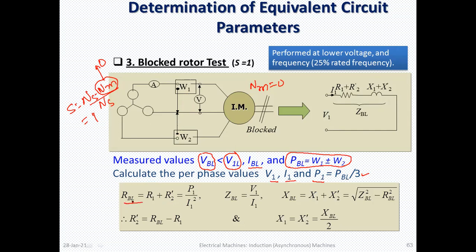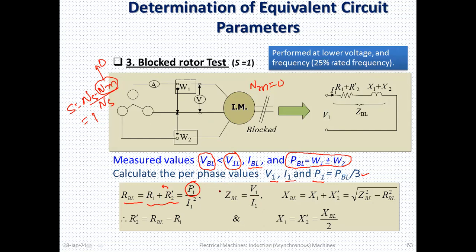RBL, the blocked rotor resistance, is the measured power P1 divided by I1 squared, and this blocked rotor resistance is nothing but R1 plus R2 dash. This R2 dash is the resistance of the rotor referred to the stator side. So this total resistance is obtained from the blocked rotor test, and V1 and I1 are known.